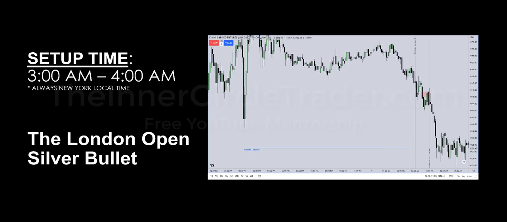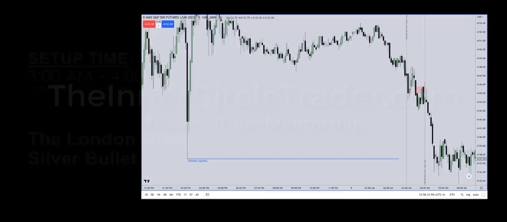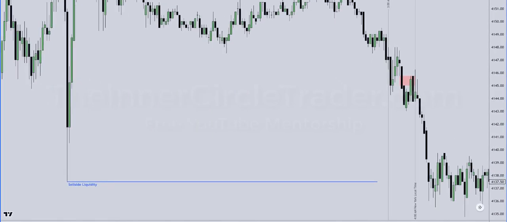This is the London Open Silver Bullet. So what we're looking for is a classic ICT fair value gap to form between 3 a.m. and 4 a.m. New York local time. The factor you are going to lean heavily on is the skill set of knowing where price is going to go.